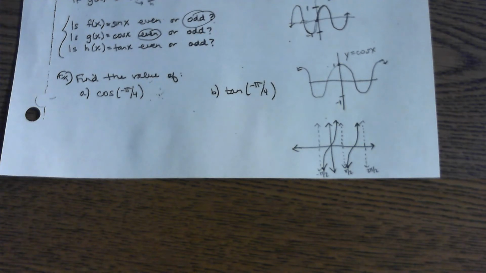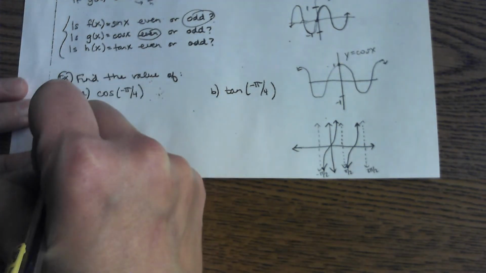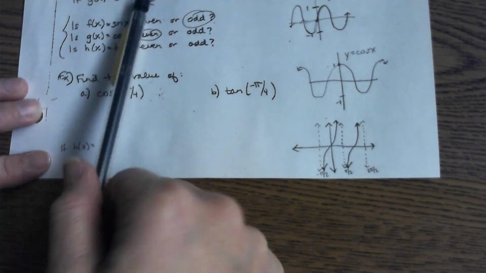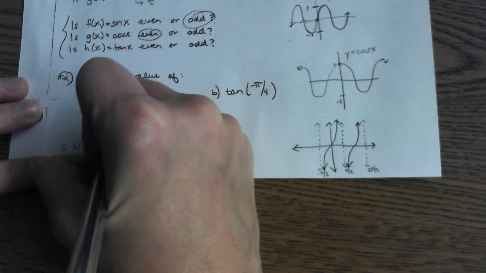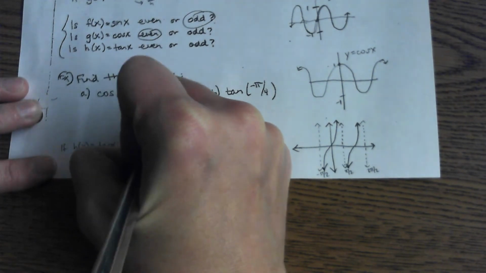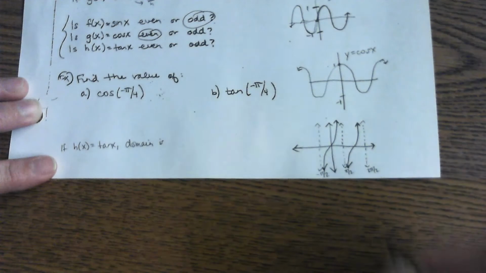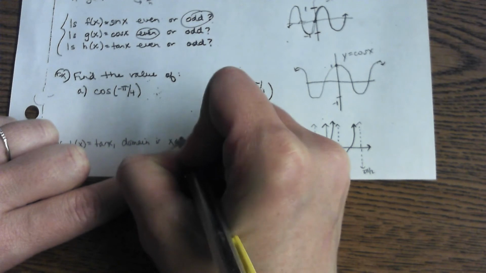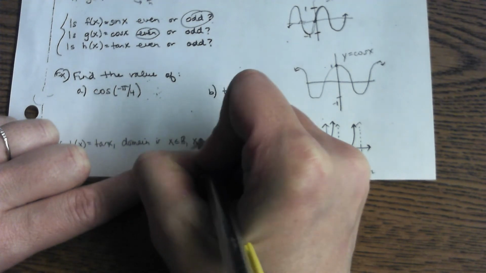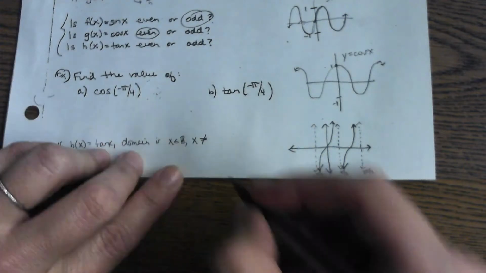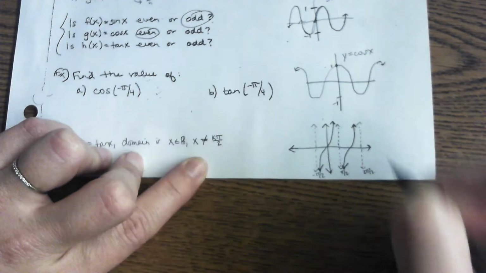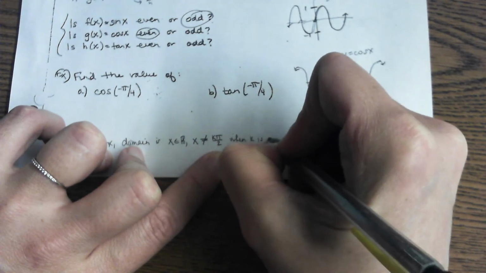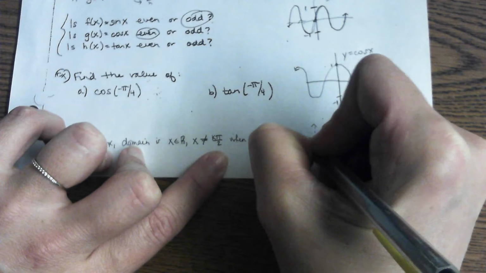So what is the domain then? I'm going to say if h of x equals tan x, the domain is x can be any real number except x cannot equal k pi over 2 when k is an odd integer.